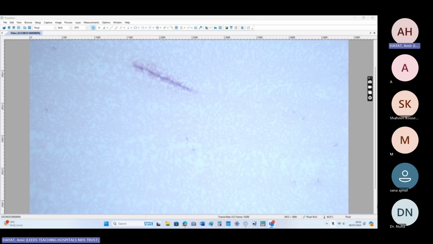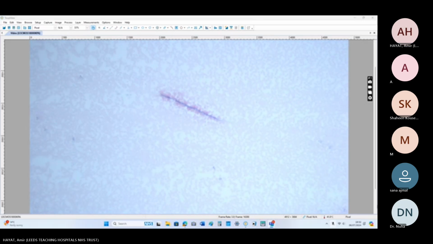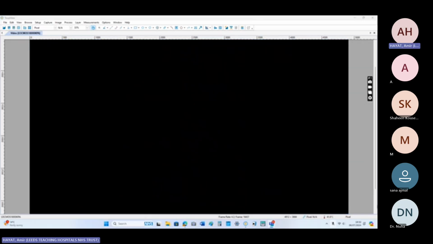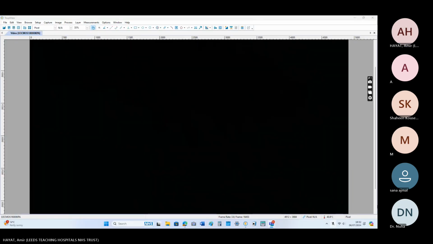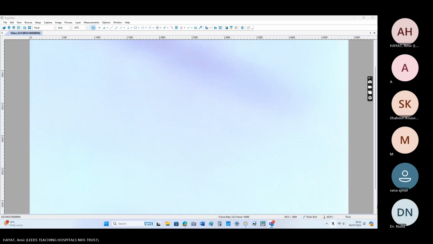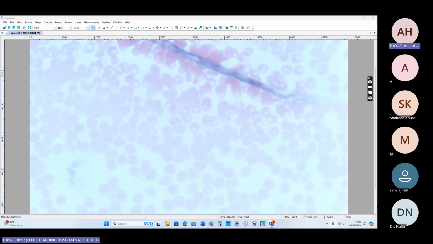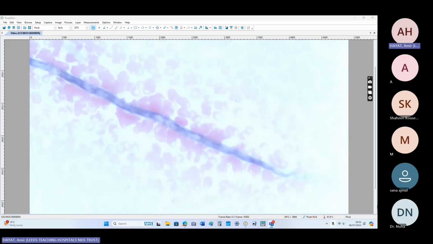This is power 10. And in UK, there is quite a lot of loa loa, and we have worm blood film from parasite blood film from Nikwas after every 3 months. And if it is a worm, most of them are loa loa.